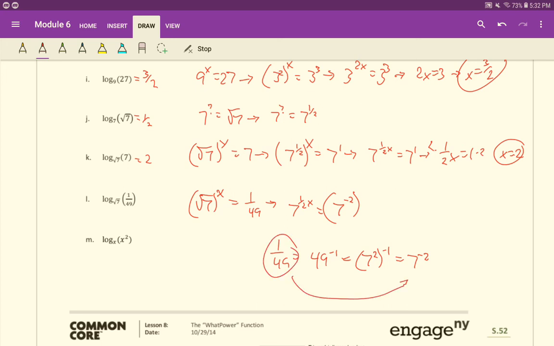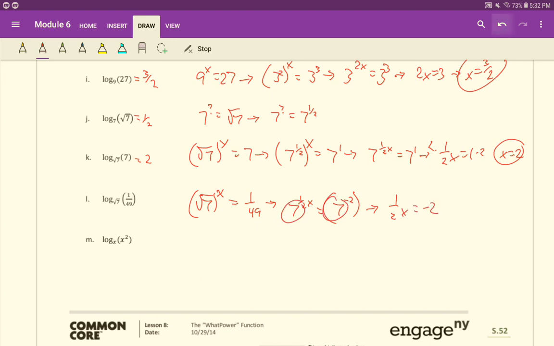That's where we got that from. And then we'll set 1/2 x equal to negative 2, because again, same bases, and they're equal. And so we just double both sides to get rid of the 1/2, and we get x equals negative 4.